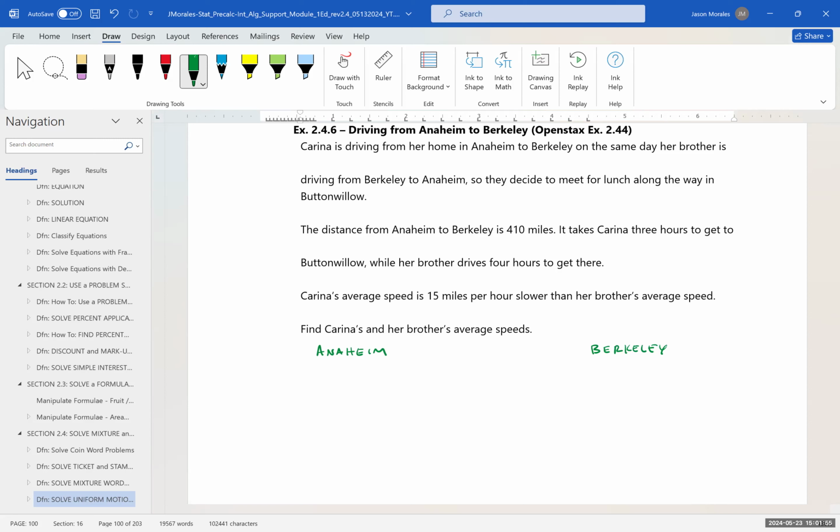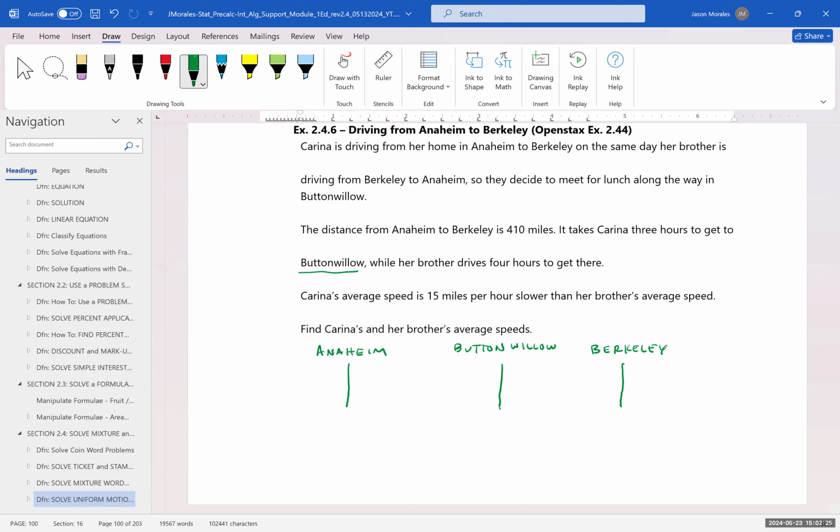And both Karina and her brother are going to meet halfway, or at least somewhere in between, in a town called Buttonwillow. All right, so we've got Anaheim, we've got Berkeley, and we've got Buttonwillow. So there's three different destinations here.